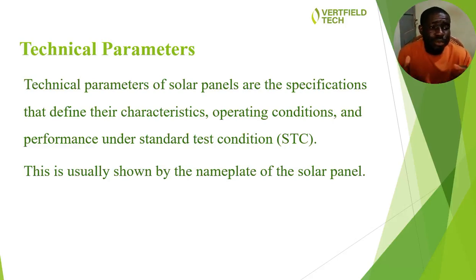That is, in terms of efficiency, in terms of effectiveness, how much energy you can generate with your solar panel. That is what these technical parameters would tell you, and this is considered under standard test conditions.